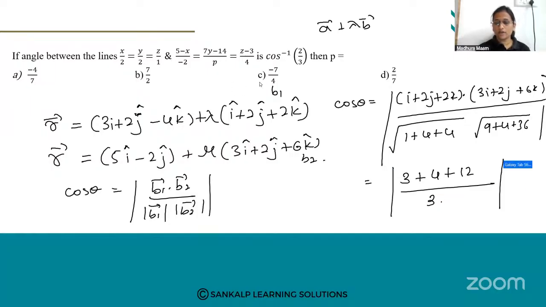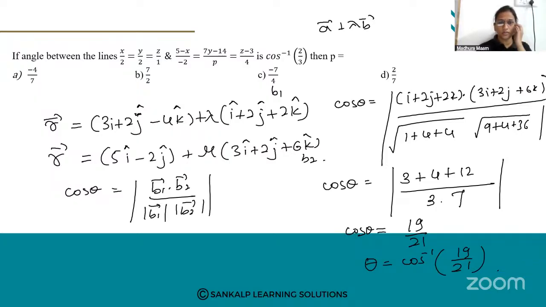This is square root of 49, which is 7. So what we get here is 19 divided by 21. The question is not the cosine value, the question is the angle, theta. So that should be cos inverse of 19 by 21. That is your required answer.